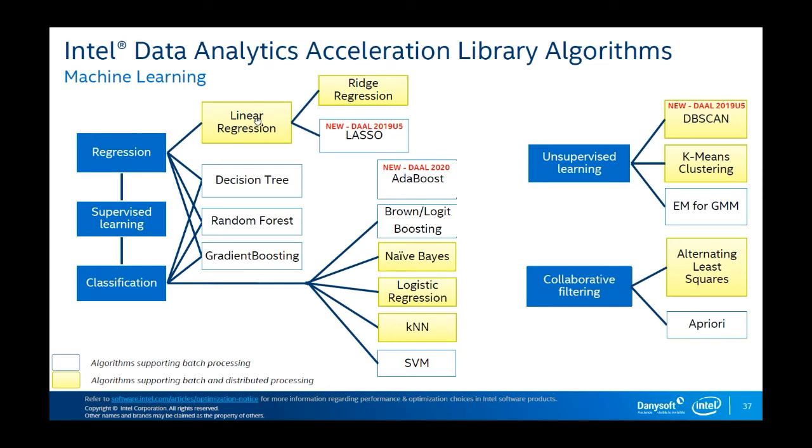This distributed processing allows you to use a cluster, for example, to distribute your computation between different nodes, and all these algorithms can be done in parallel in a cluster type architecture.